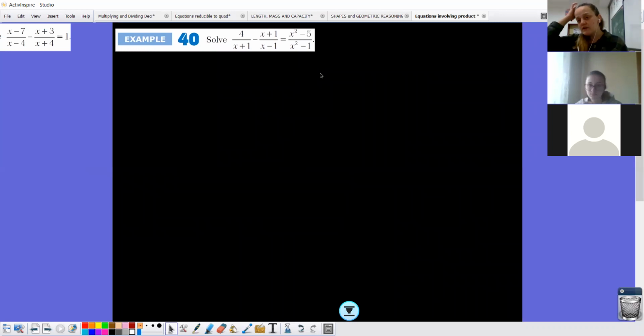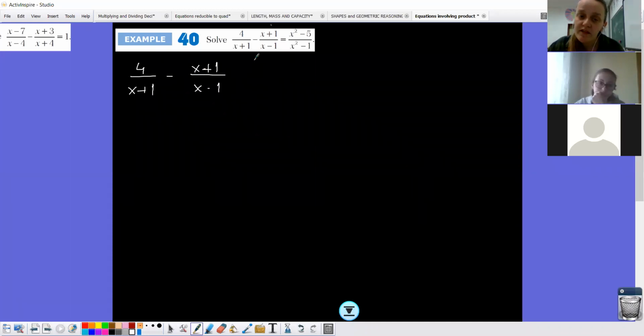So here, guys, in this one, we can do like we did in the first one, or directly from the beginning, we'll take everything to one side to make the other part 0. Like 4 over x plus 1 minus x plus 1 over x minus 1, and then I'm taking this one to the other side. It will be minus x squared minus 5 over x squared minus 1 is equal to 0.